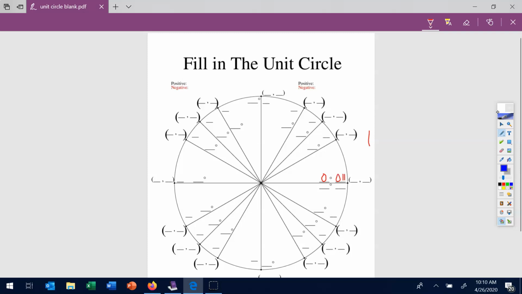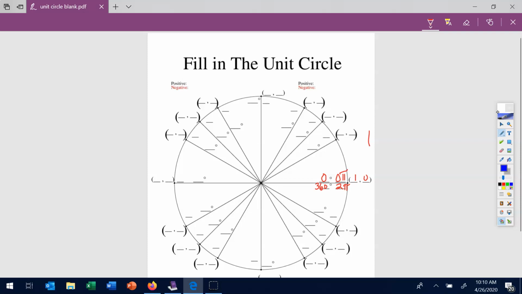We'll put degrees here and then radians here. And then if we did go all the way around, of course, that would be 360 degrees and 2 pi. Okay, and the ordered pair for this point right here where the side intersects the circle, of course, that would be the point (1, 0).